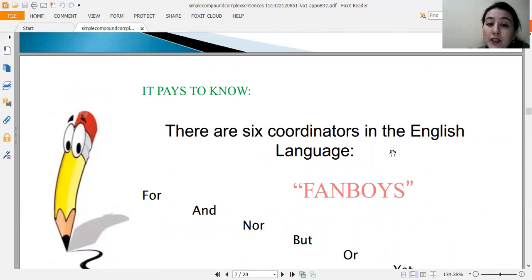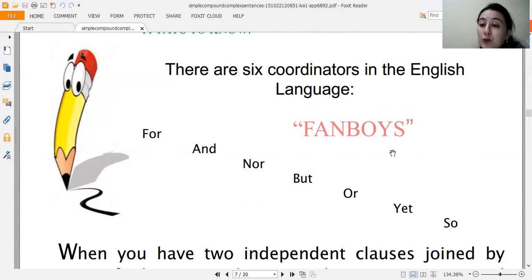So, there are six coordinators in the English language. We have talked about these in your conjunction part; this is about FANBOYS. This is an abbreviation, which stands for for, and, nor, but, or, yet, so.